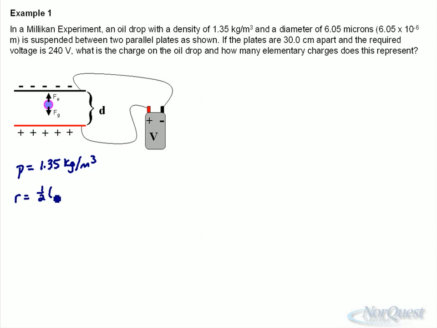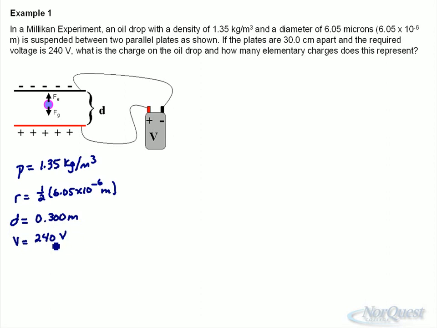It's 1/2 times 6.05 times 10 to the negative 6 meters. The plates are 30 centimeters apart, so the distance between the plates is 0.300 meters. Converted it to meters already. The voltage between the plates is 240 volts.